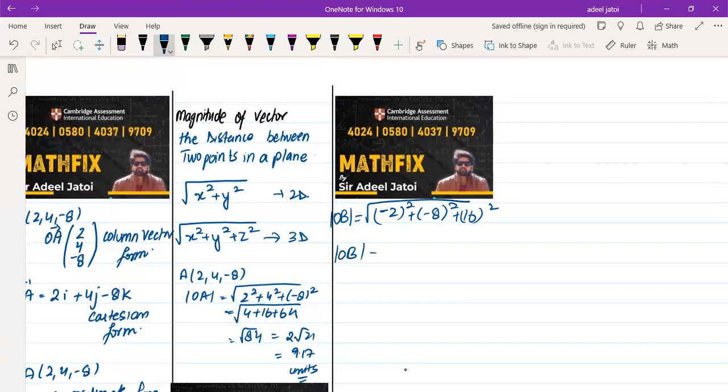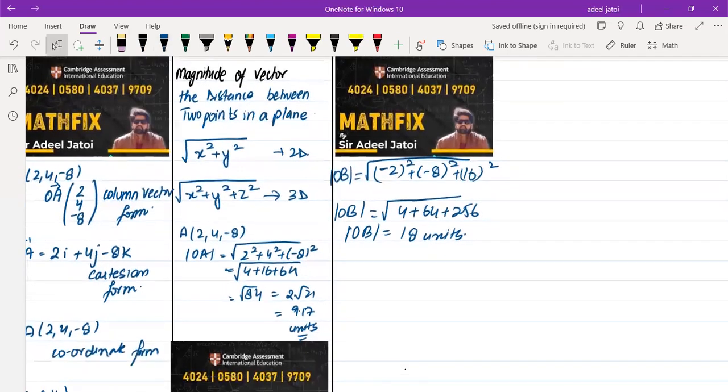So OB is under root 4 plus 64 plus 256. So the magnitude of OB is 18 units. Now this is generally your normal common form.